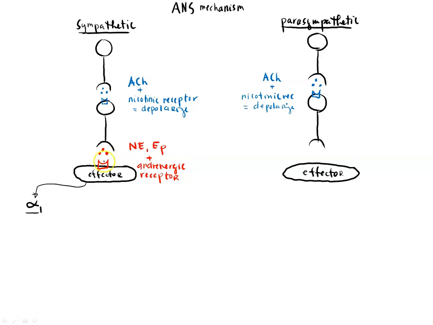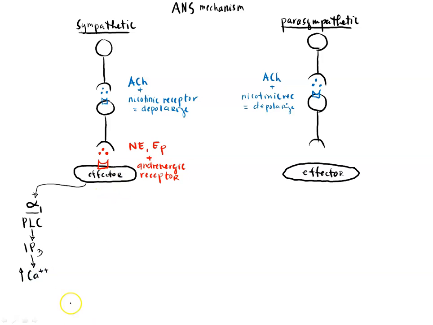And when norepinephrine binds to this alpha-1 receptor subtype, it is a G-coupled protein receptor, and it activates PLC, phospholipase C, which you folks know will go ahead and make IP3, which I hope you folks remember was going to bind to the calcium gate and let in calcium inside of this cell.